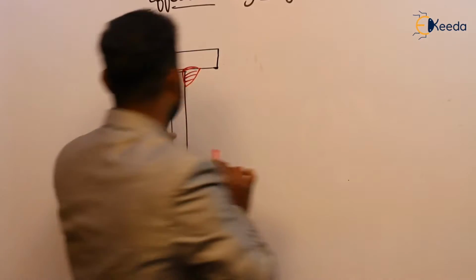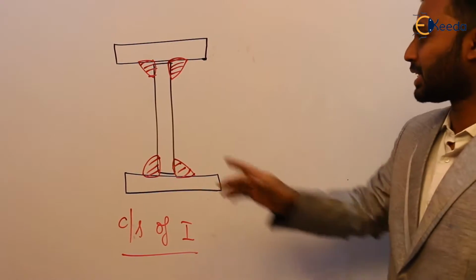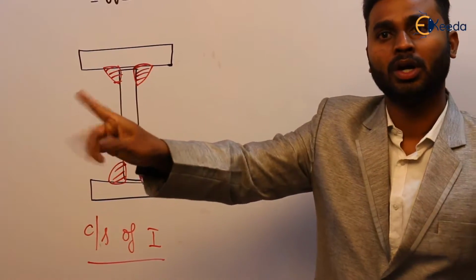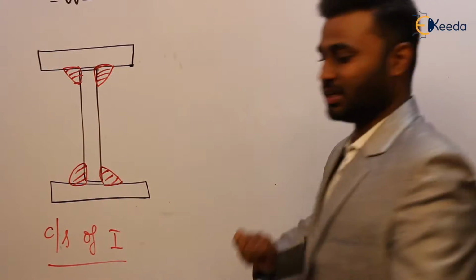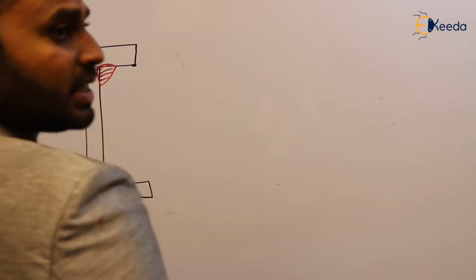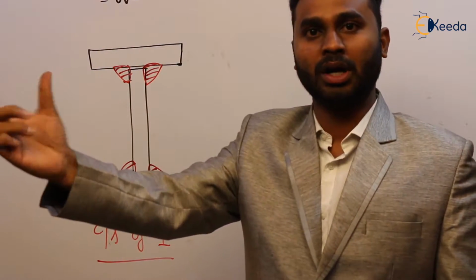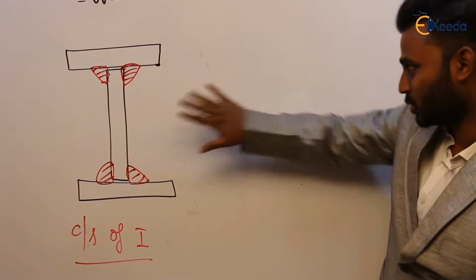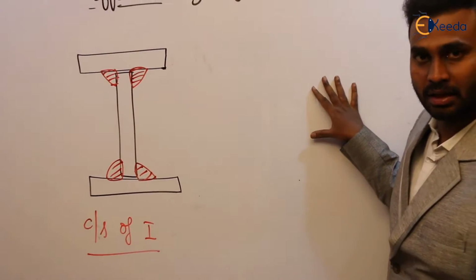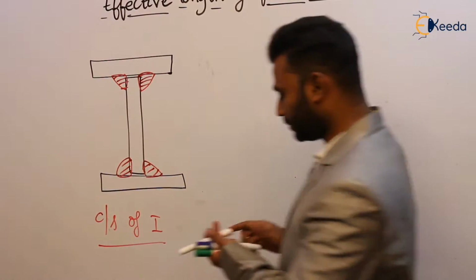Here the length is perpendicular to the board, so if you see like this, we can see the cross section. But if I see from the side, then I can see the length. That length of the I section I'm going to show here.